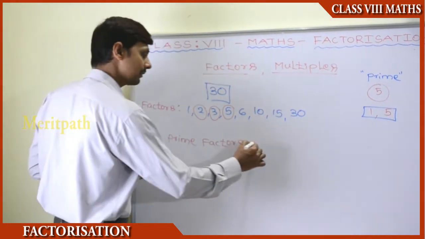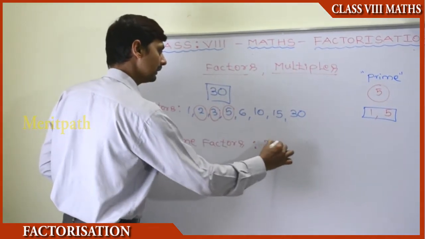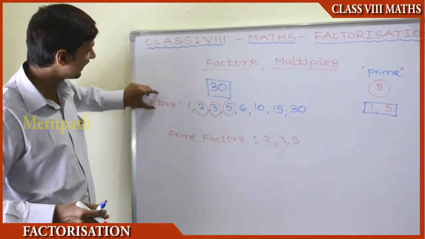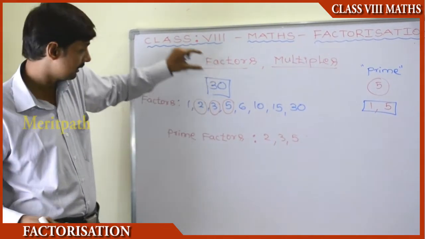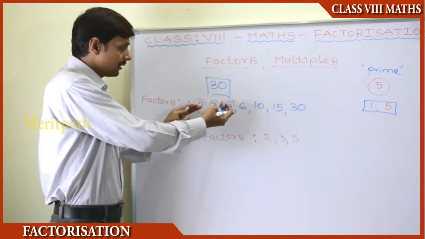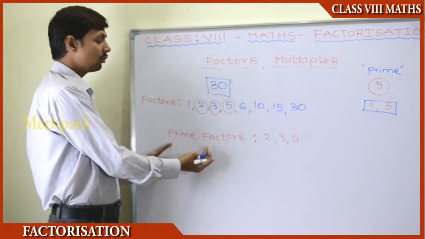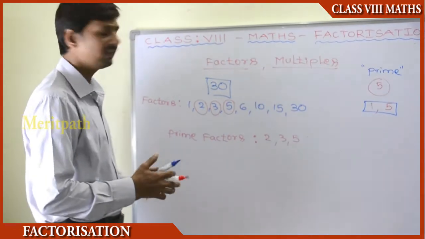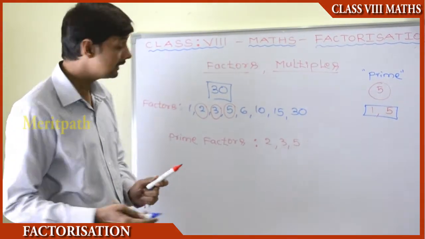So the prime factors are 2, 3, 5. What we understood is that from the factors of 30, we have taken the prime numbers, and we call these the prime factors of 30. So how can we say these are prime factors of 30?